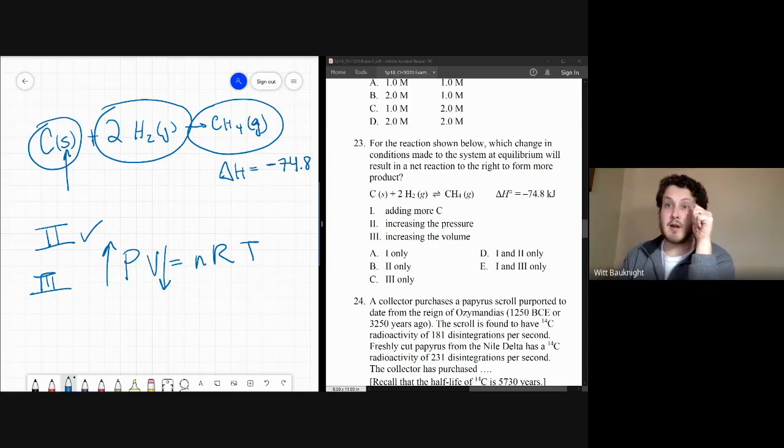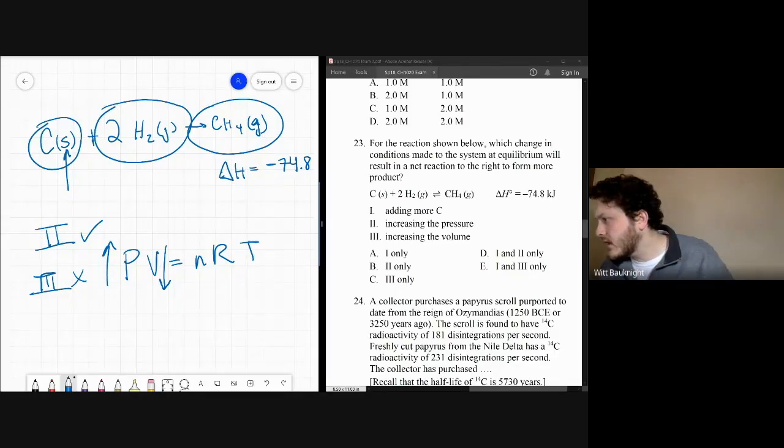So since an increase in pressure forced it to methane, with more volume to spread out, we're going to go backwards to hydrogen gas because there's more room. So statement number 3 is incorrect. Sorry about bringing up exothermic for this endothermic. So the only one that is correct is going to be B, statement number 2.